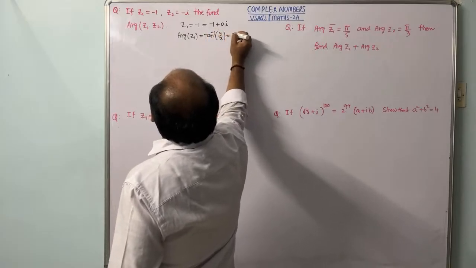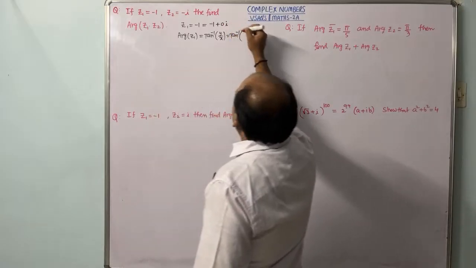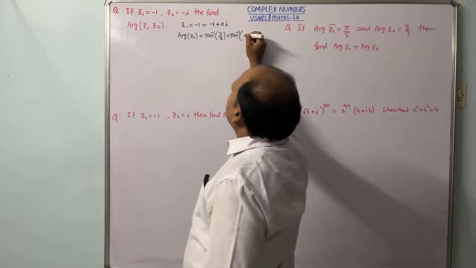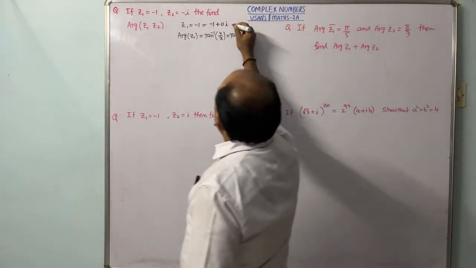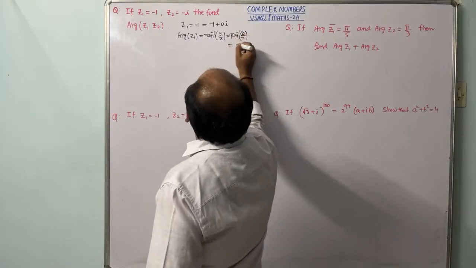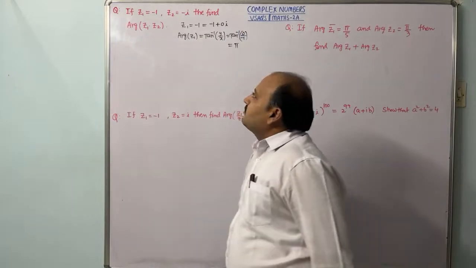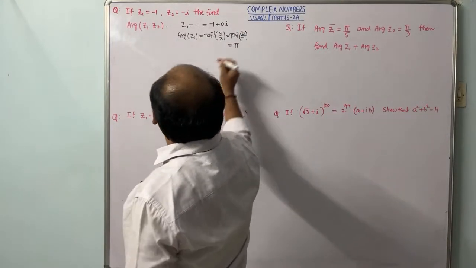So according to this, y is 0. 0 by minus 1, 0 by anything is 0. Tan inverse 0 by minus 1 is equal to pi, students. Minus 1 means minus 0, it comes in the second quadrant.